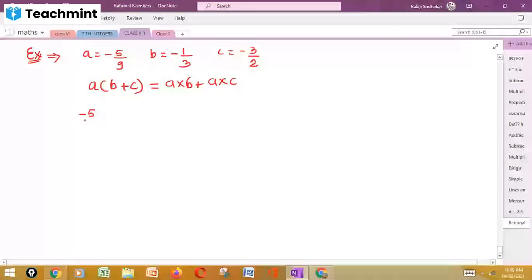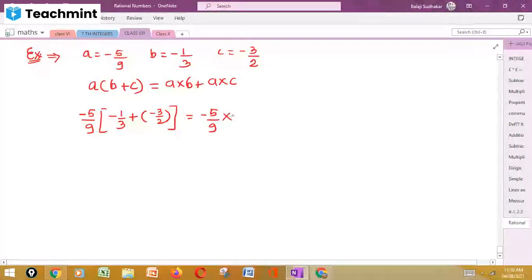Minus 5 by 9. And B is minus 1 by 3, plus C, C is minus 3 by 2. And here A is equal to minus 5 by 9.